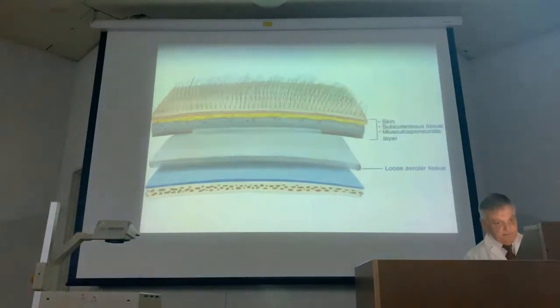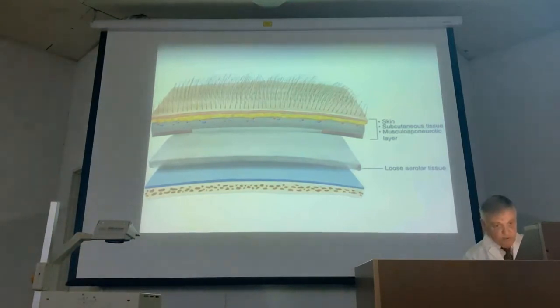Now the scalp: the skin, the subcutaneous tissue, and the musculoaponeurotic layer act as one unit. They are adherent to each other.